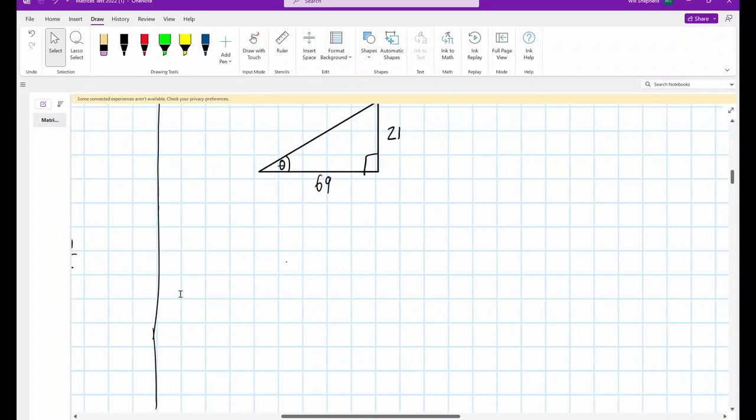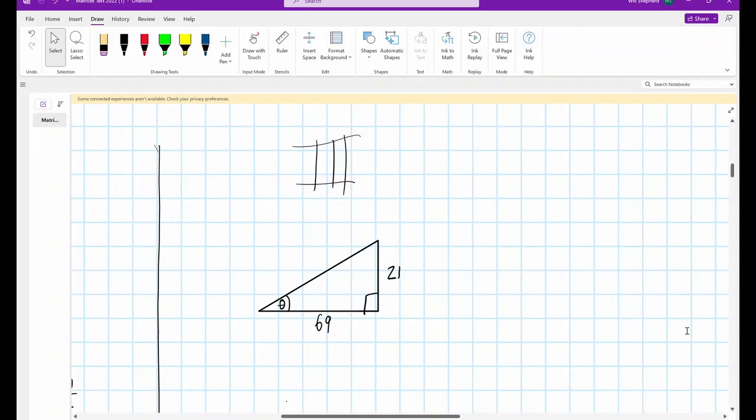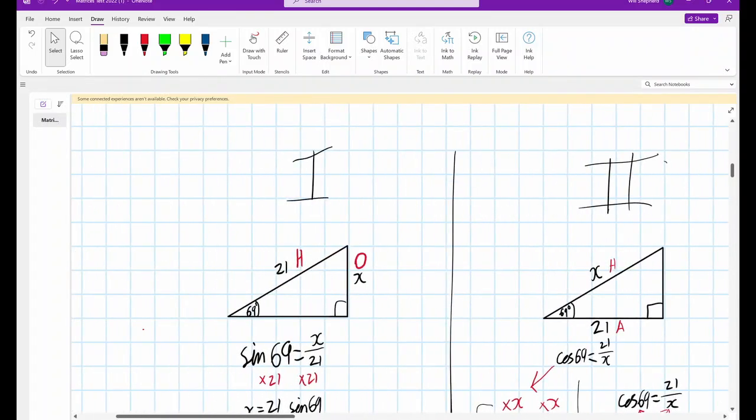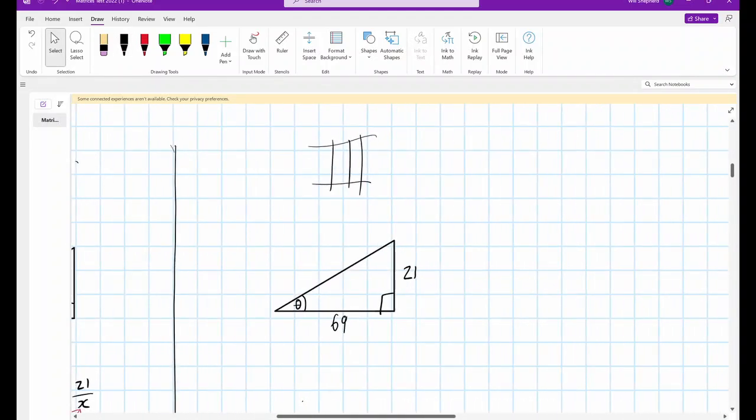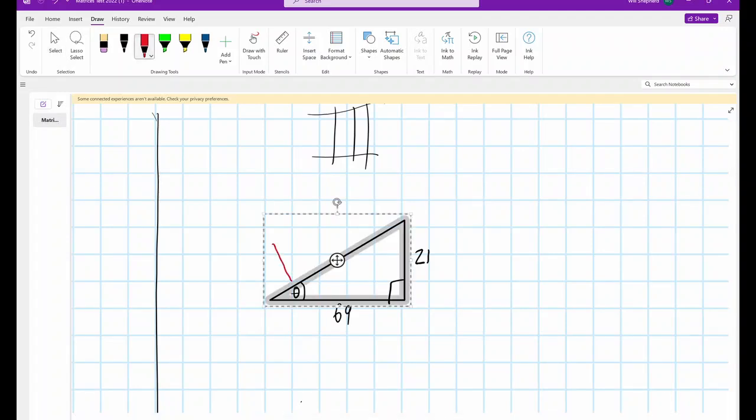Okay, moving on to type 3 trigonometry questions. In type 3, the unknown for the first type is on the top, and then it's on the bottom for the second one. And for the third one, the unknown is the angle itself. So we use the Greek letter theta there.